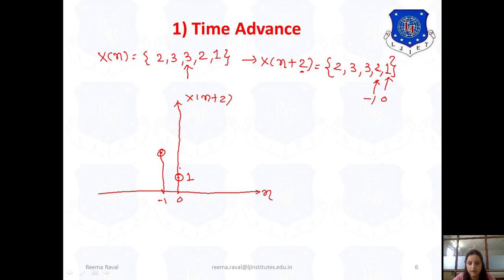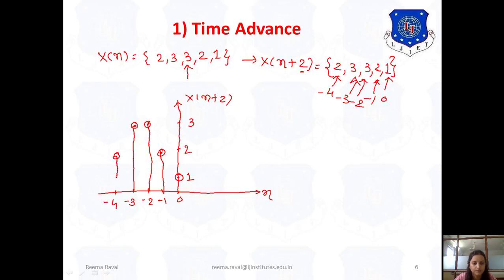At minus 2 its value is 3. At minus 3 its value is again 3. At n equals minus 4 its value is 2. So this is the time advanced signal.